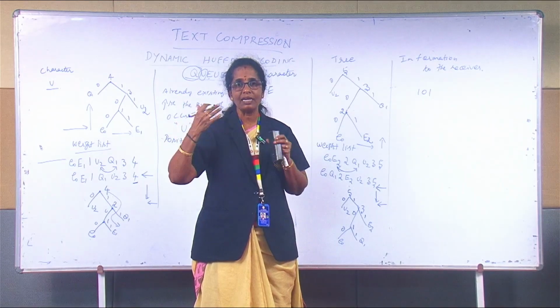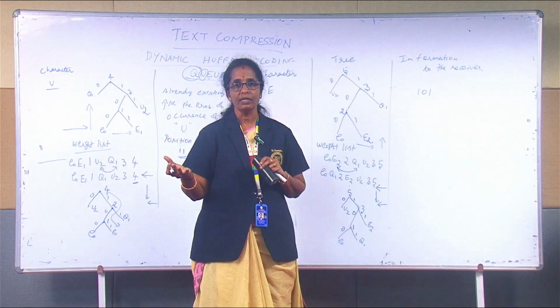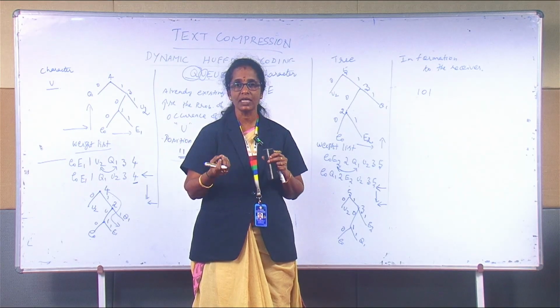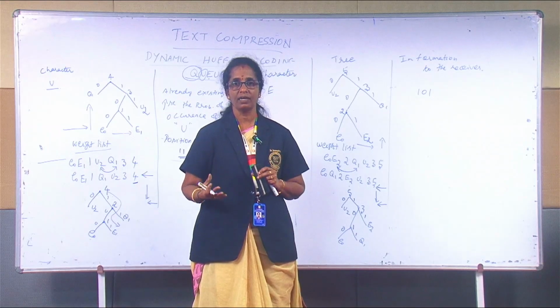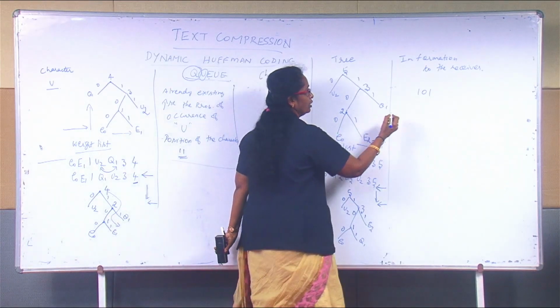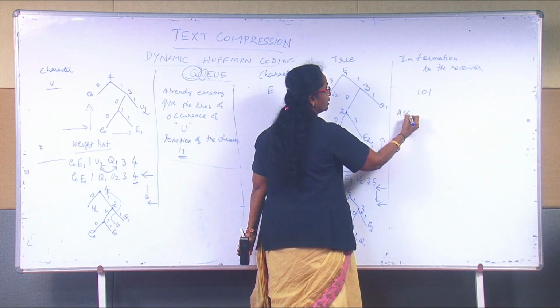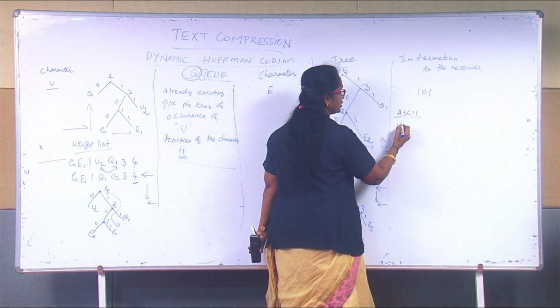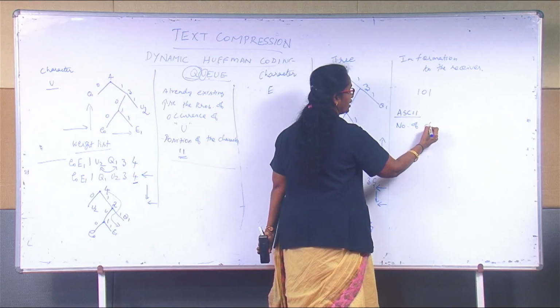The queue has been transmitted like this. Okay. Now, we will see how many bits have been saved by the compression algorithm. Okay. That will work out now. Queue. If I am using an ASCII coding, totally how many characters are there? 5 characters. Therefore, number of characters are 5.